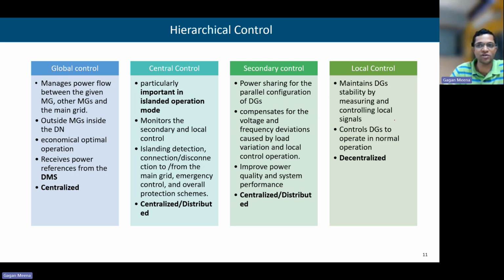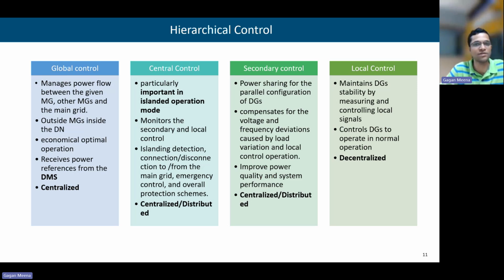But since each of the elements is trying to inject a particular power, that doesn't ensure that voltage will be within the limit. And this secondary control ensures that the voltage and frequency deviations caused by load variation and local control operation are minimized. And it improves the power quality as well as system performance.